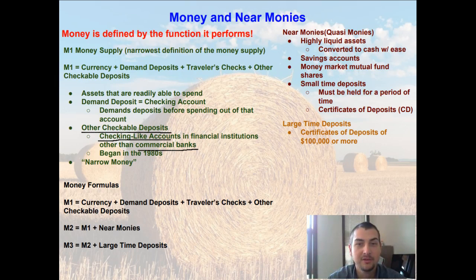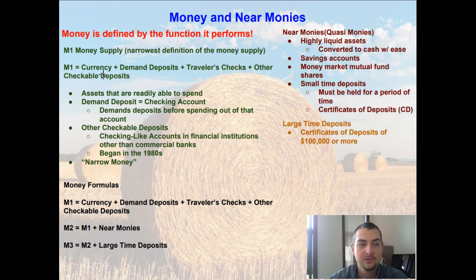Or it might be other lending institutions or savings and loan institutions that have these checking accounts but are not a commercial bank. So if they allow a checking-like account and they're not a commercial bank, then that's other checkable deposits. And these other checkable deposits actually began in the 1980s whenever they began to deregulate parts of the banking industry.